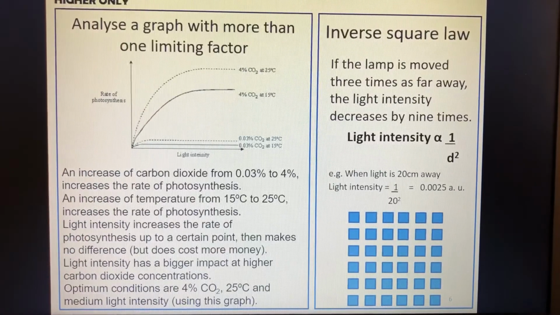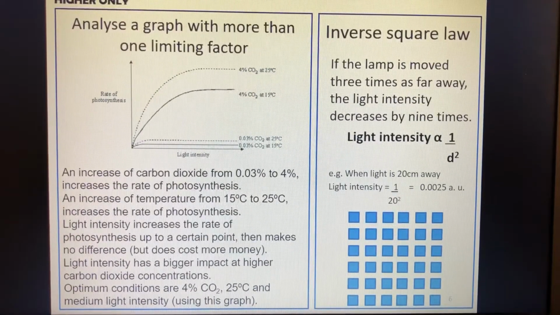So what we're really learning from this is that we have to keep repeating our tests. We can't just say, okay, we've done light intensity, we know the optimum, now we're going to investigate something else, but we know that our light was this. We have to find out the impact of carbon dioxide, the impact of temperature, and then when we've got our optimums, go back and retest light.